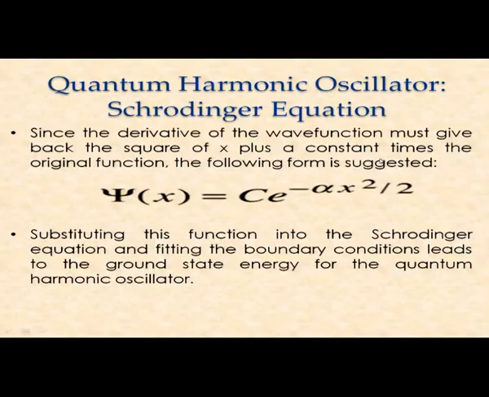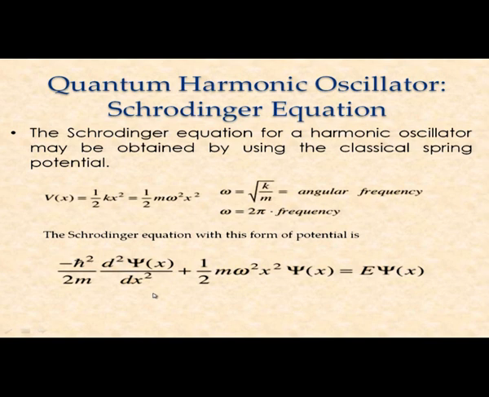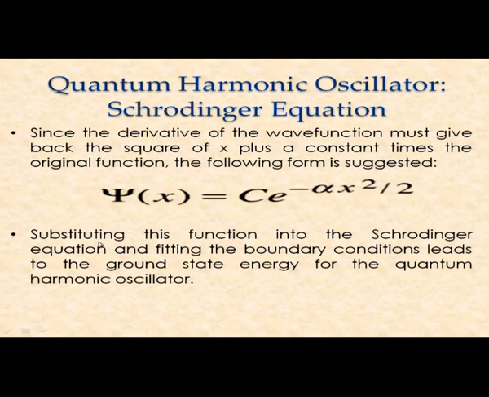Since the derivative of the wave function must give back the square of x plus a constant times the original function, this is that constant times, this is that original function, the following form is suggested. So, the solution of Schrödinger equation will be of this one, psi of x is equal to c e power minus alpha x square by 2.